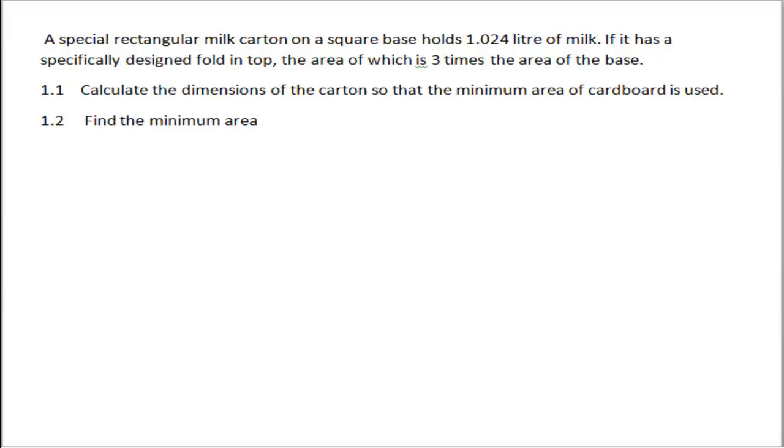Now you notice we've been given the volume, so we're going to quickly try to get a sketch going for you. And then you've got the area of the top being 3 times the area of the base.